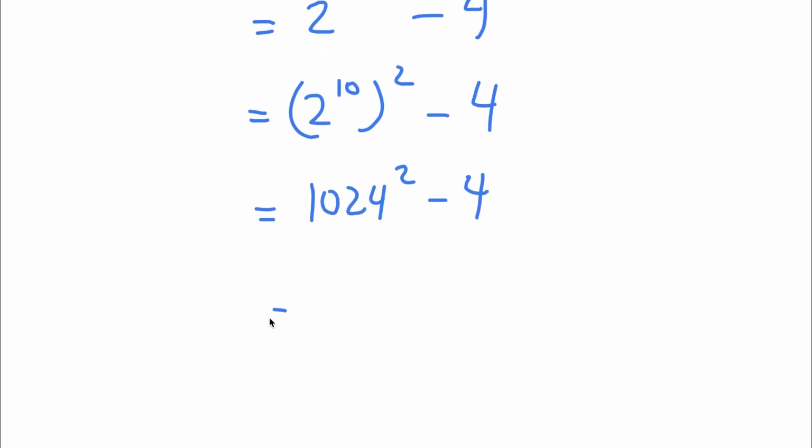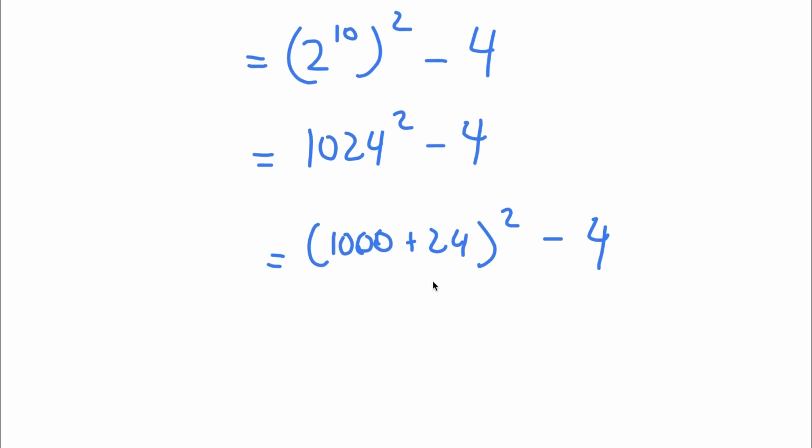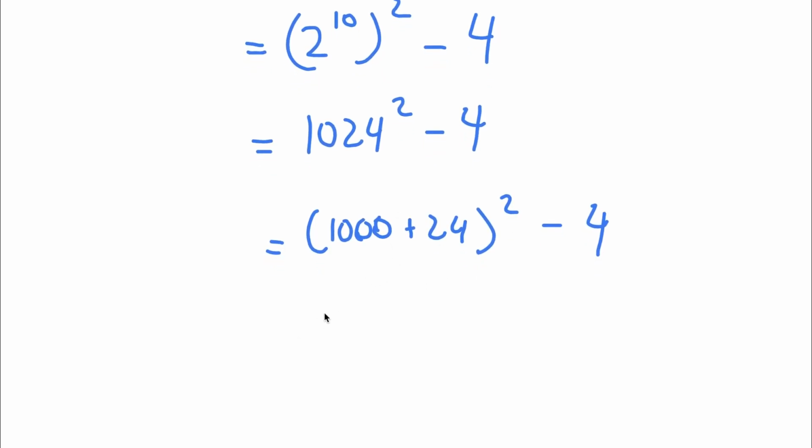Now 1024, I can rewrite this as 1000 plus 24. So now I have (1000 plus 24) to the power of 2 minus 4. Now, if I have something in the form (a plus b) squared, this is equal to a squared plus 2ab plus b squared.